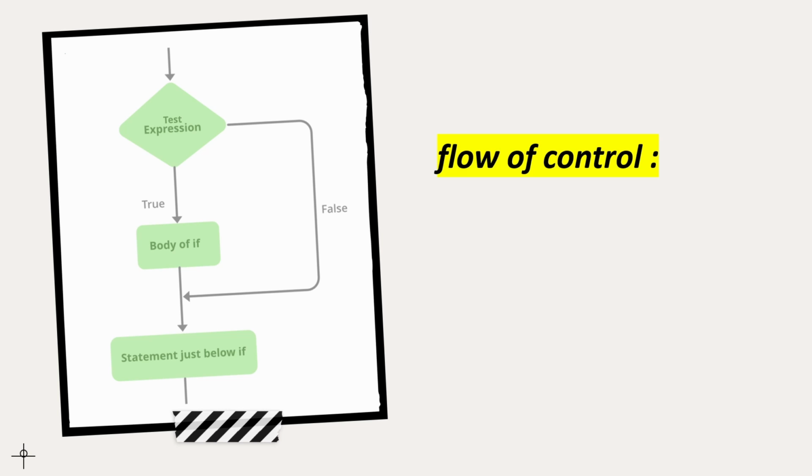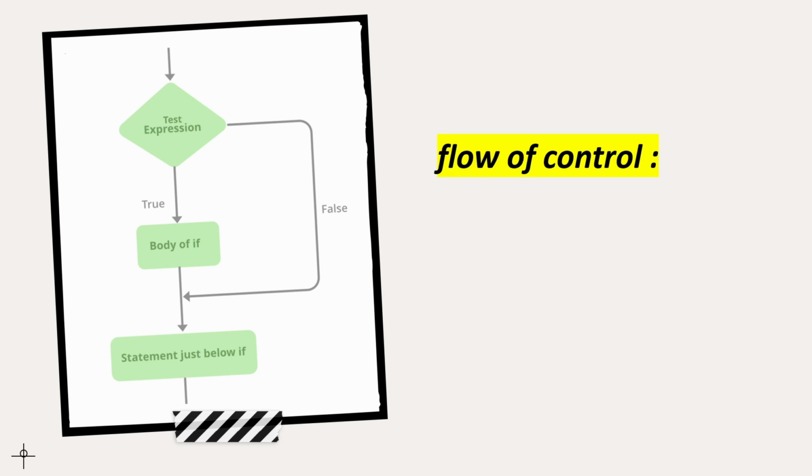If the expression is true, it enters the body of the if statement, executes the body, exits the body, and executes the following statements that are written after the if statement in a procedural fashion, right? If the expression is false, then the control exits the if statement and executes the statements that are written after the if statement.